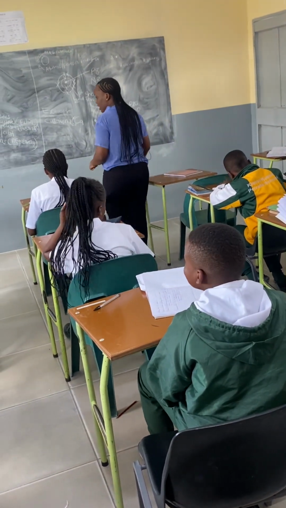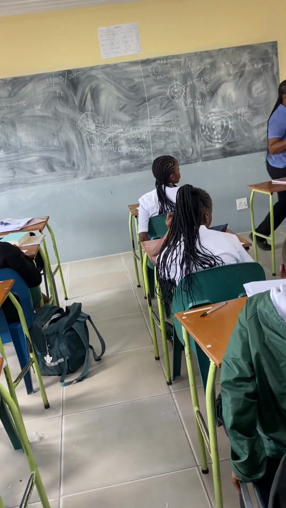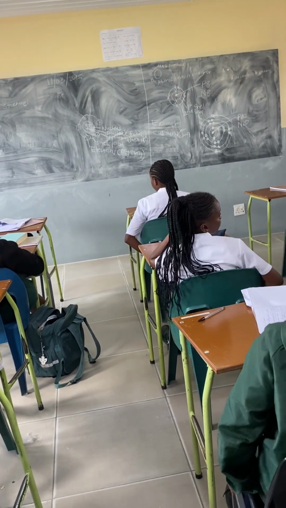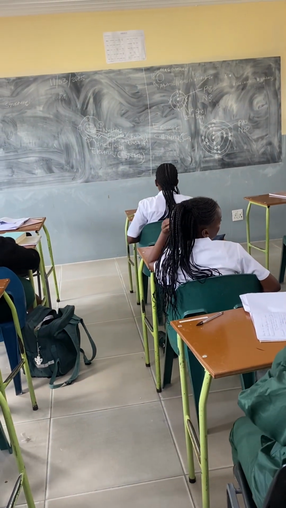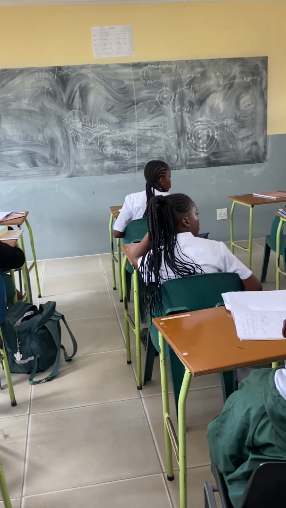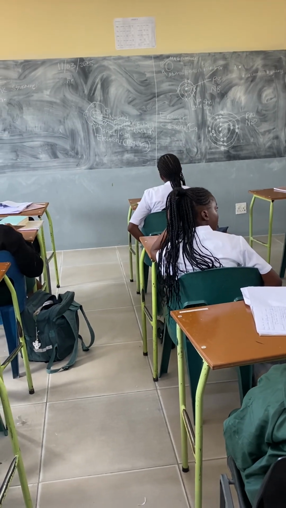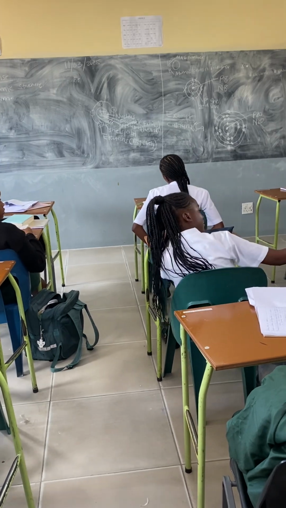Okay, let's do corrections. Joseph will be the last one. The second shell only has 2, 4, 6. So there's 1, 2, 3, 4, 5, 6, 7, 8, 9, 10, 11, 12.